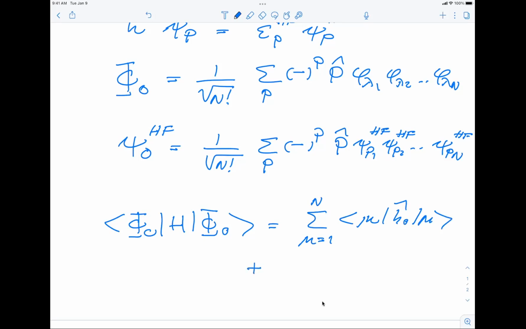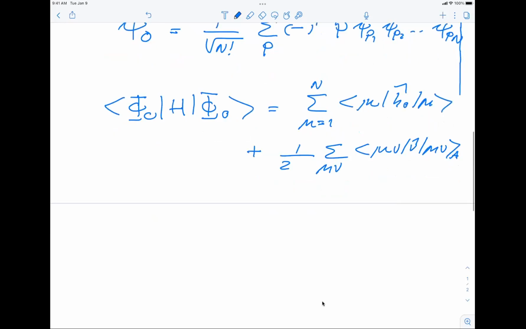And then we have plus a double sum with no restrictions, because the matrix elements which would be diagonal here zero out due to the consequences of the Pauli principle. And we would write this as one half the sum of mu nu V, the interaction term of mu nu antisymmetrized. So this is now the expectation value of the Hamiltonian with respect to the original Slater determinant.